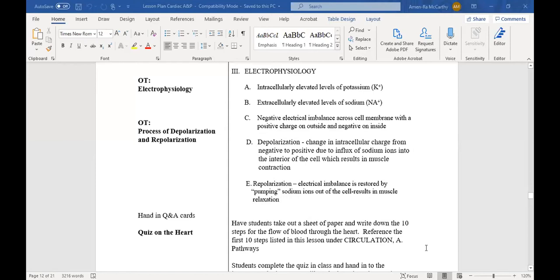Then repolarization happens because the electrical imbalance is restored by pumping the sodium back out of the cell, all right? So I just showed you a little bit easier way of understanding what they just told you, okay?